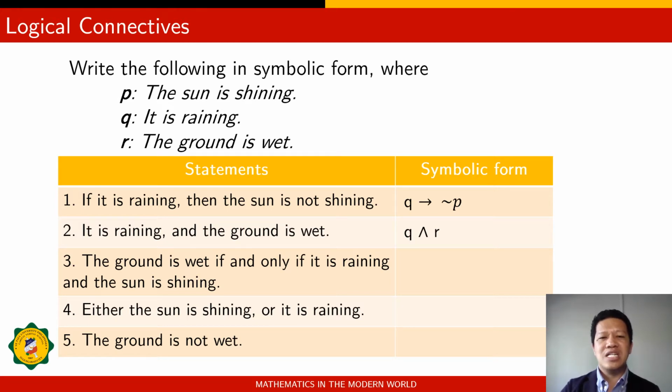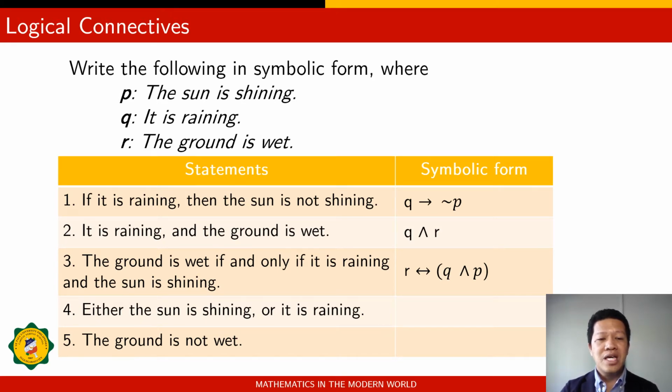So to write that in symbols, the ground is wet, that's letter R. It is raining, that's letter Q. And the sun is shining, it's letter P. And you're going to use these symbols for if and only if, and this is for the and. And you use a parenthesis here to group the last two statements.